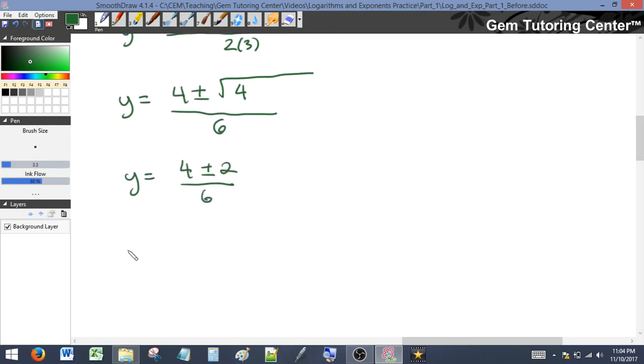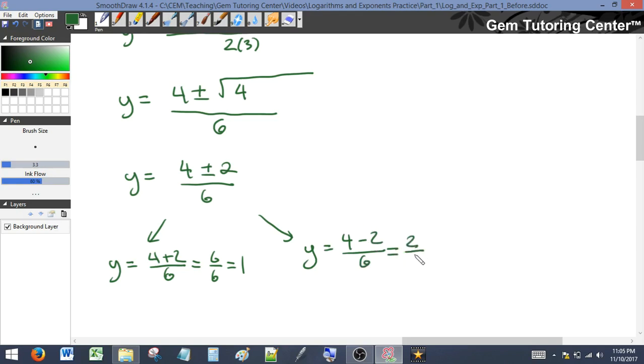So now there's two paths that we can take. One of them is y equals 4 plus 2 over 6, which equals 6 over 6, which equals 1. And the other path is y equals 4 minus 2 over 6, which equals 2 over 6, which equals 1/3.